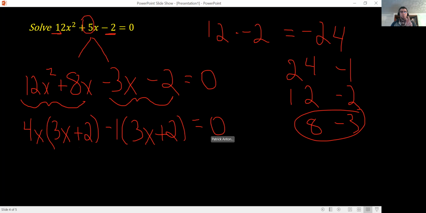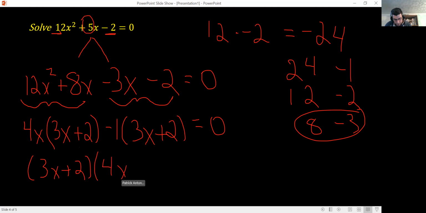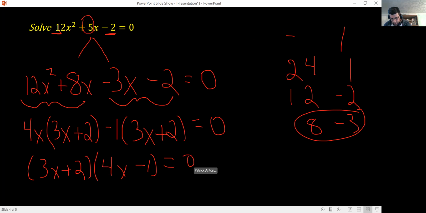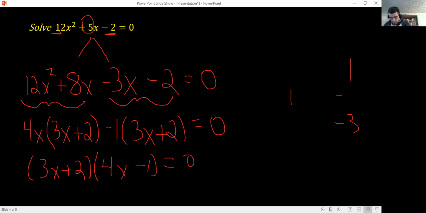Then you can factor out the quantity 3x plus 2, and that leaves you with 4x minus 1. Now, since we have it completely factored, if the problem just asked you to factor it, if it wasn't set equal to 0, you box that and that would be your answer.